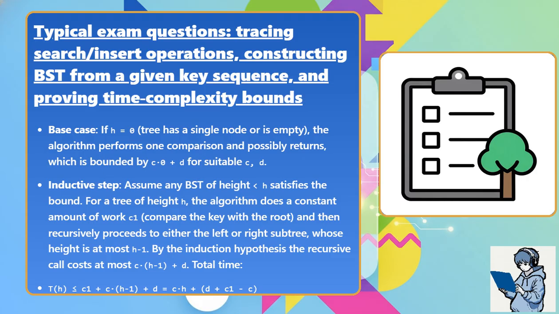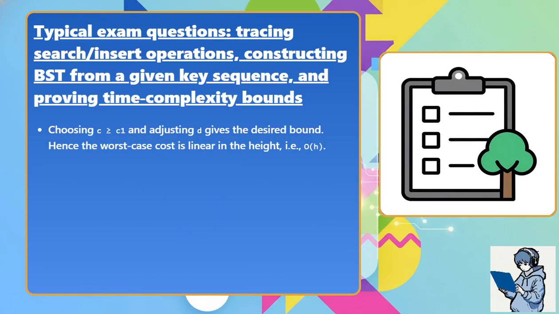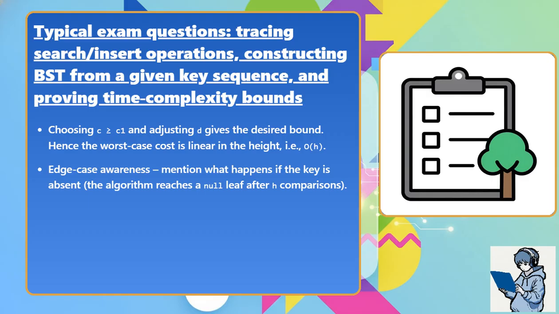T(H) is less than or equal to C1 plus C(H-1) plus D, which equals C times H plus (D plus C1 minus C). Choosing C greater than or equal to C1 and adjusting D gives the desired bound. Hence, the worst case cost is linear in the height, i.e. O(H). Edge case awareness: mention what happens if the key is absent. The algorithm reaches a null leaf after H comparisons.